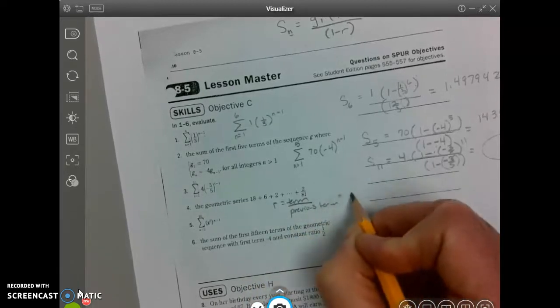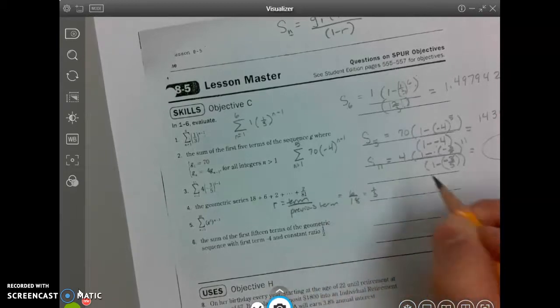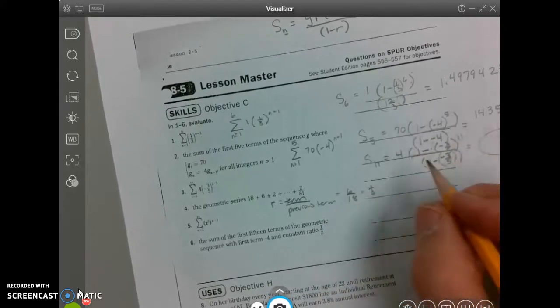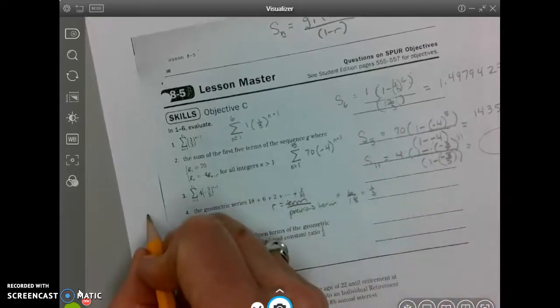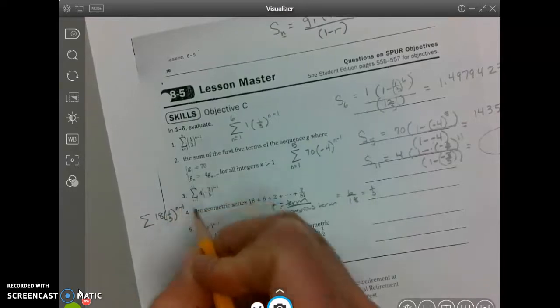So I'm going to take 6 divided by 18, which is 1/3. So my constant ratio is going to be 1/3. And my first term is 18 times 1/3 to the n minus 1.